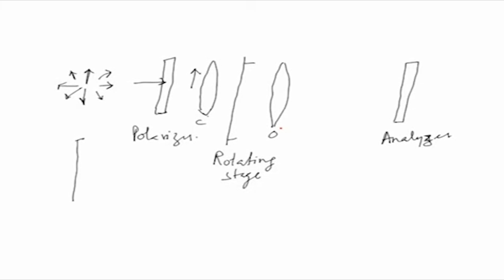Now, light will pass through the analyzer, and many times you might have a compensator put in here. We will discuss the function of the compensator later on. And then there will be an eyepiece, which is the ocular lens. Now, this eyepiece has a particular property that it is fitted with crossed wire reticles or graticules to mark the center of the field of view.